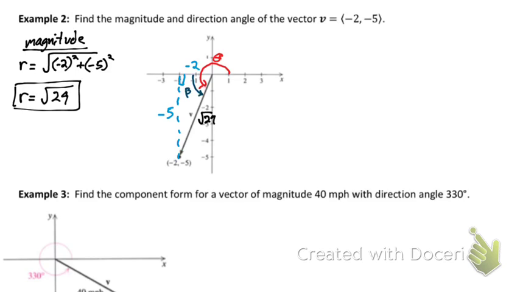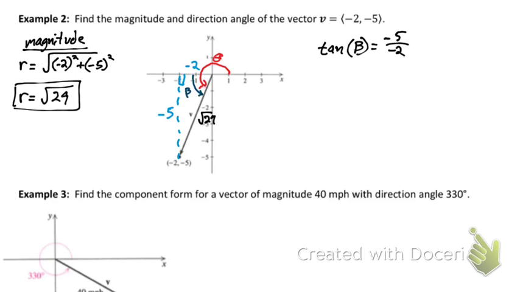So let's find beta. Now, we know all three sides, so I could use sine, cosine, or tangent. I'm going to assume there's a chance I made a mistake, and I'm going to use the two values they gave me, -2 and -5. Those are two sides, so I'm going to use tangent. Tangent of beta is TOA, opposite over adjacent, so that'd be -5 over -2.